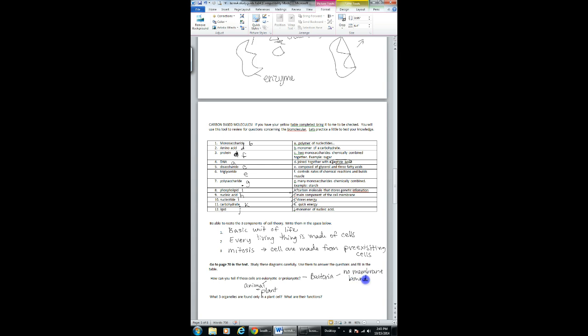It has free-floating DNA everywhere. Animal and plant cells are going to be much bigger and more specialized. And they have more organelles, where bacteria are pretty small and have very few organelles.